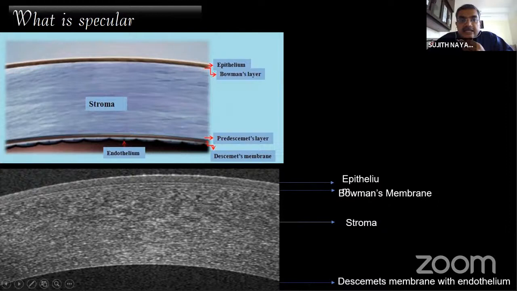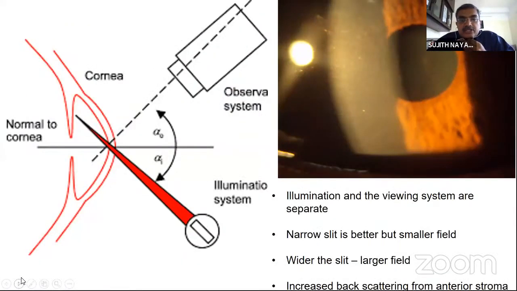So in this slide, you can take the next slides, no problem. When you examine the patient on the slit lamp biomicroscopy, there is something called the specular examination technique, in which you keep the observer system viewing part and the illumination part at 45 degrees from the central normal, and you try to get the reflection from the posterior aspect or the Descemet membrane, getting a few tips about how the endothelium is looking.